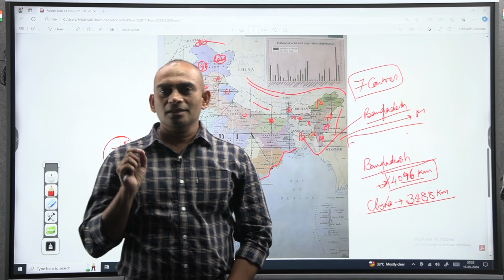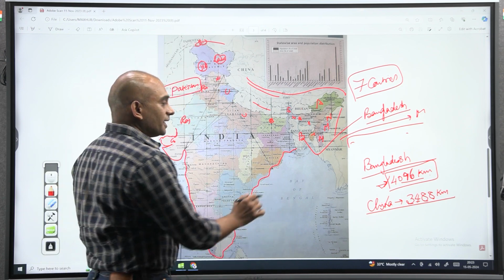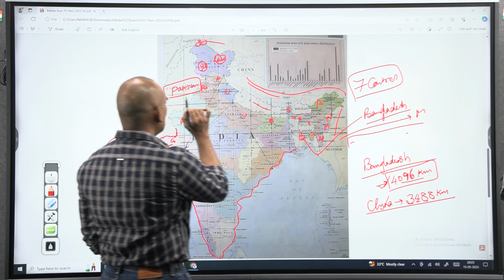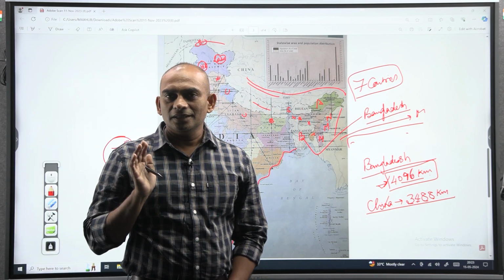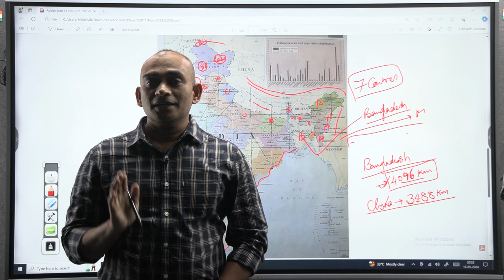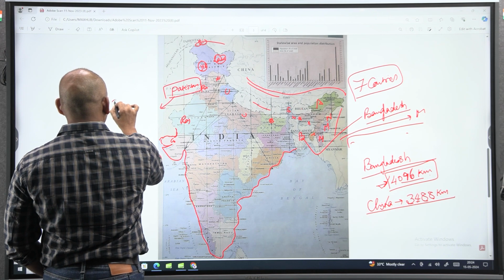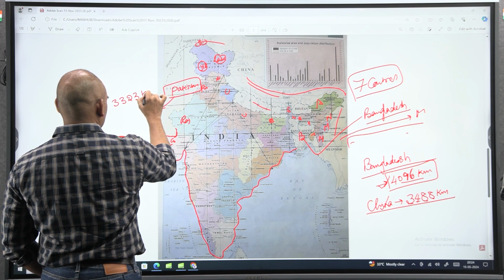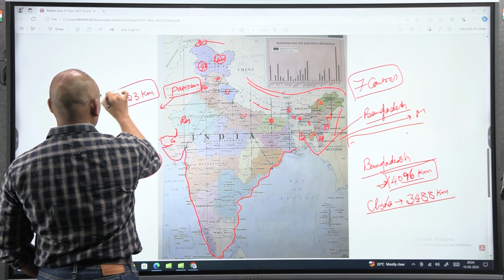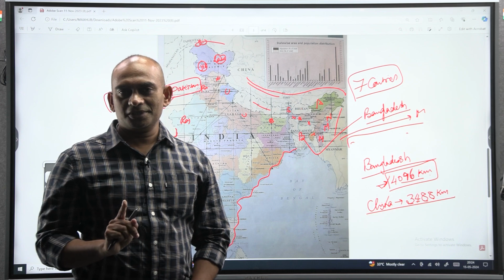Please note down all these points. Next, if you look at Pakistan, the next highest international boundary that India is sharing is with Pakistan, 3,323 kilometers.